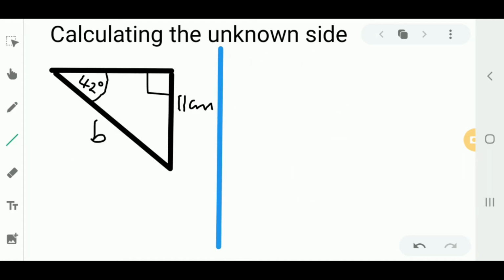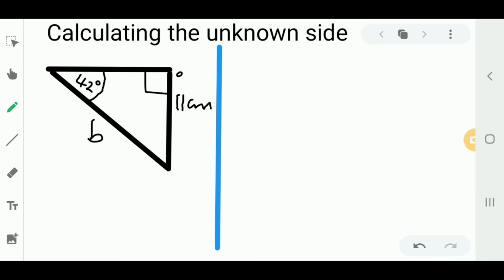Here, the unknown side is B. So we look to see what we have. We realize that the 11 centimeters is opposite to the angle, so this is the opposite. And we know that the longest side, or the side opposite to the right angle, is the hypotenuse, so B is the hypotenuse.